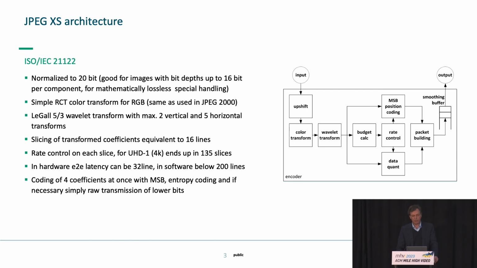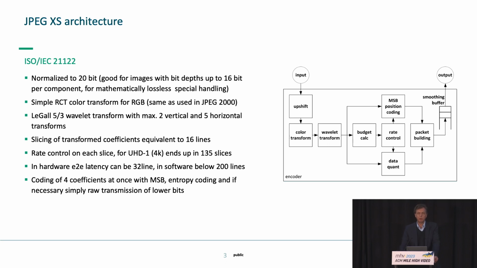As I said, in hardware the end-to-end latency can be 32 lines. In software, even with a grabber and a playout card, it can be below 200 lines. However, you need special hardware to achieve this, because you need subframe access to capture and play out the data.